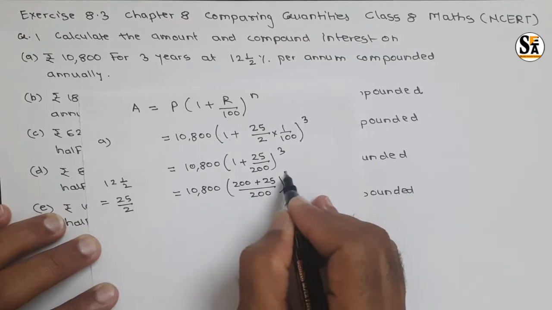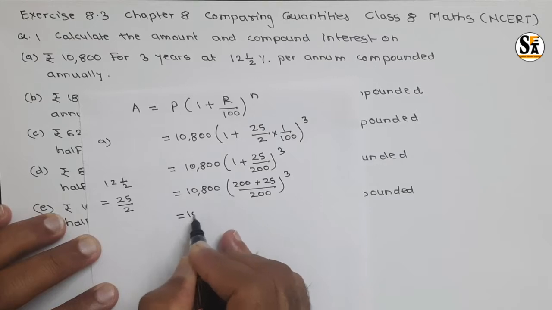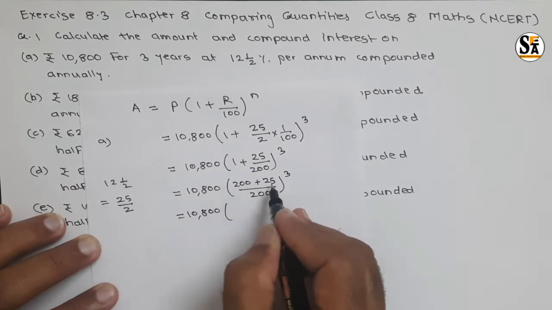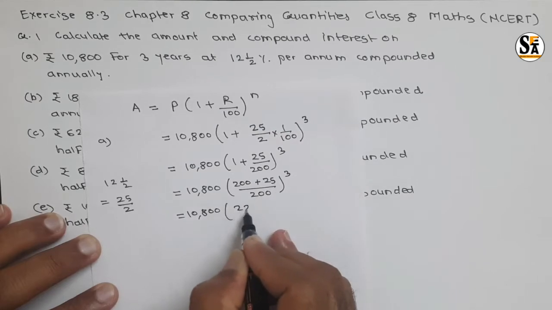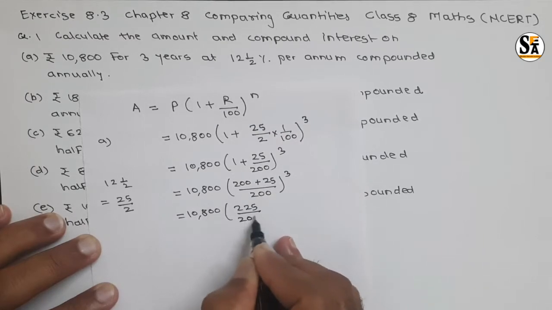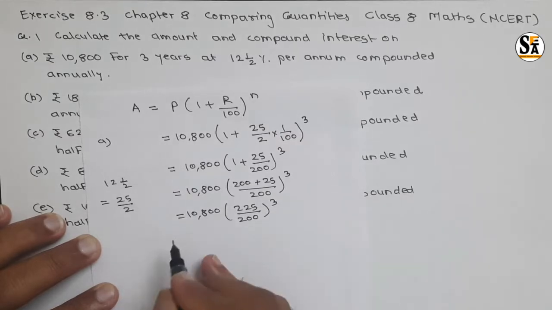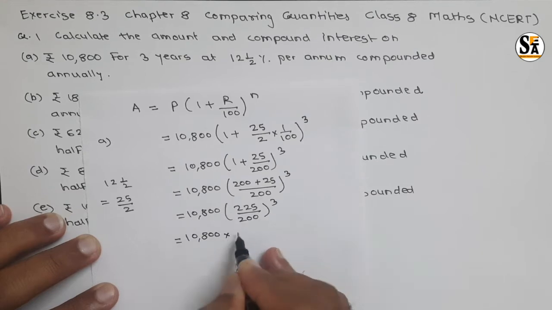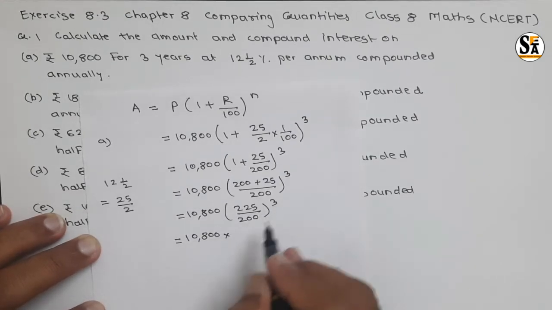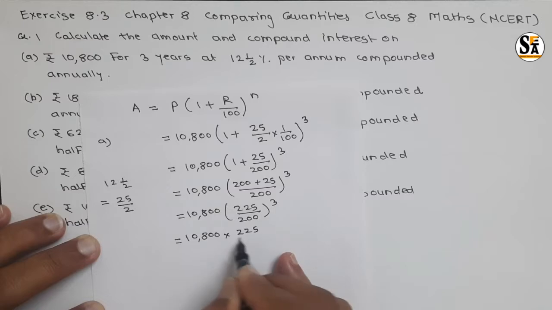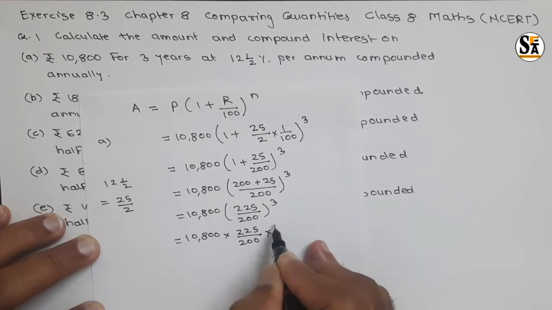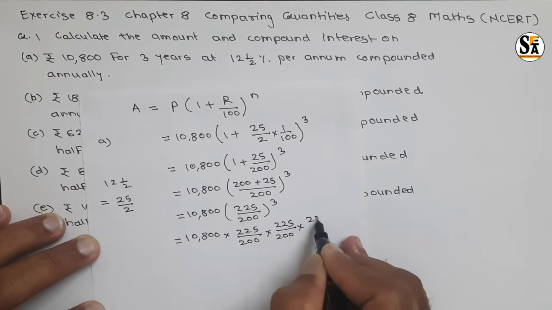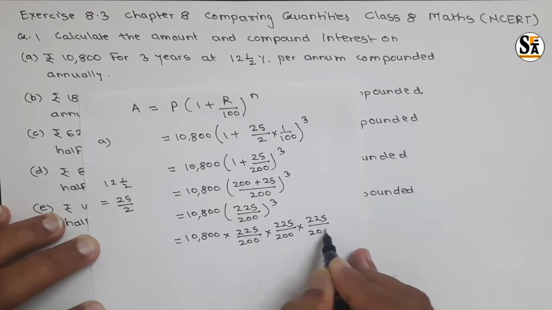These are simple mathematical calculations. Then simplify: 225 divided by 200 raised to 3, that will be equal to 10,800 into, this is 3 times, it is cube. So 225 divided by 200 into 225 divided by 200 into 225 divided by 200.